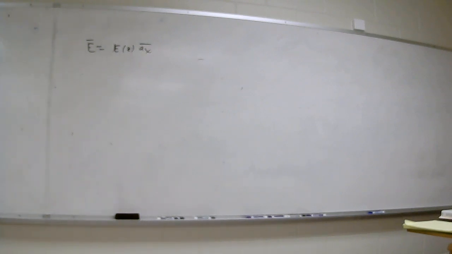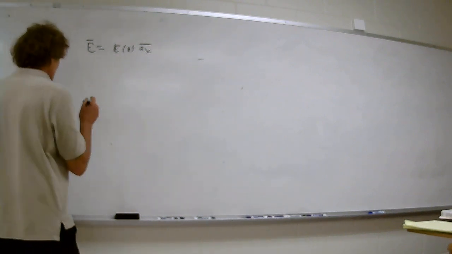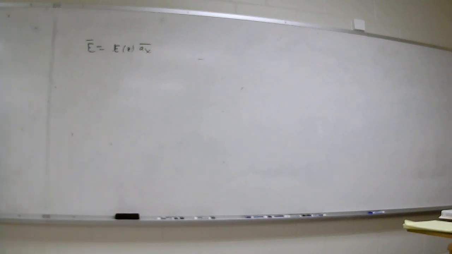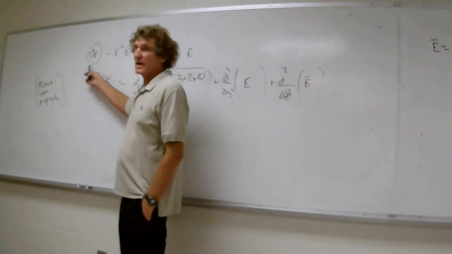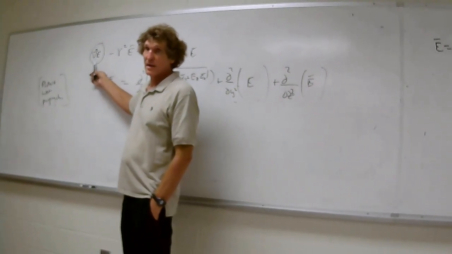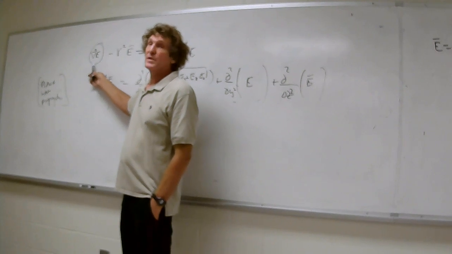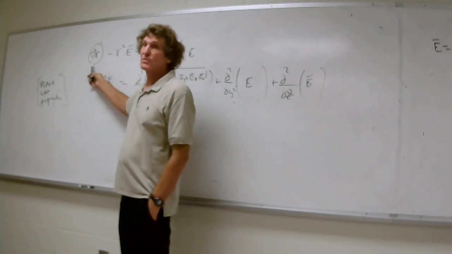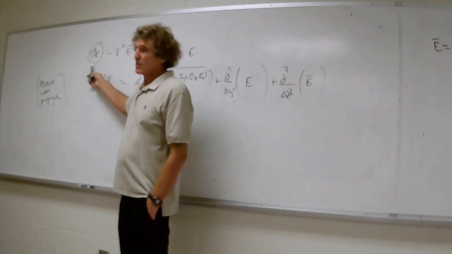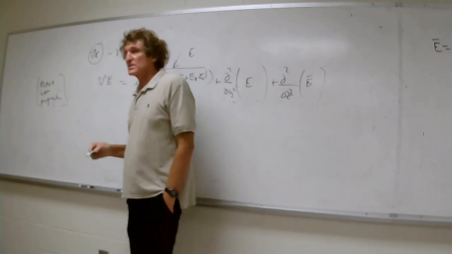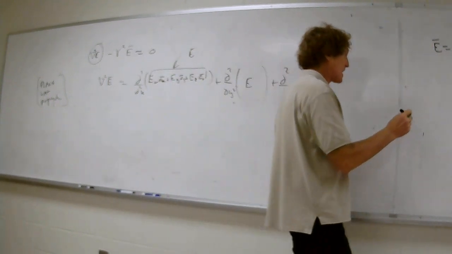So if I do this, and I take this equation, now, you know how normally you're going to have second derivatives with respect to x, y, and z here? Can you all follow me? Because it only varies with z spatially, only the z derivative will survive. So you get this.